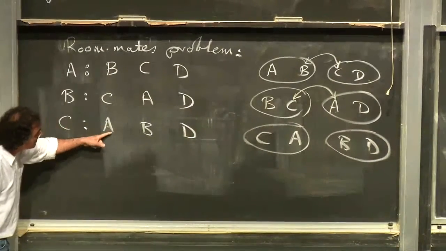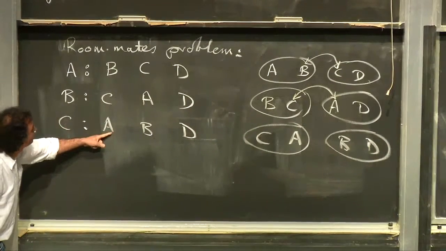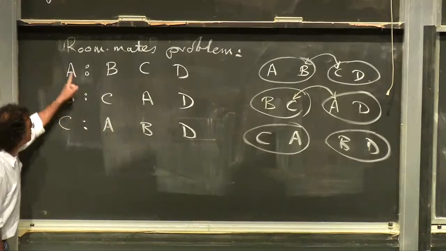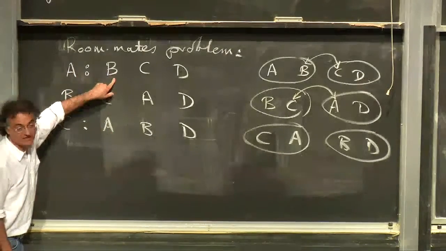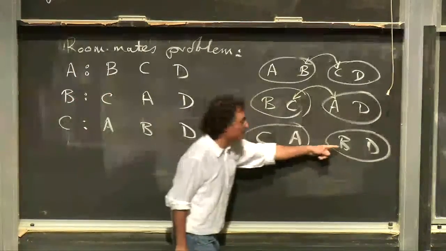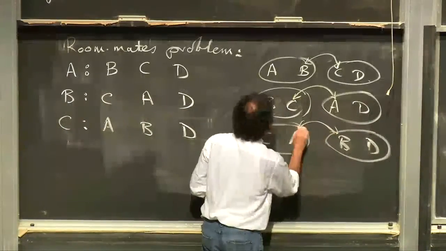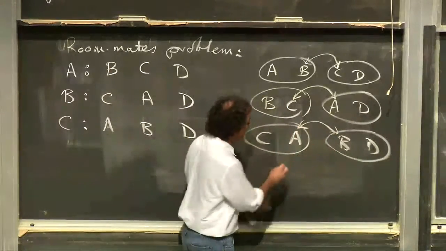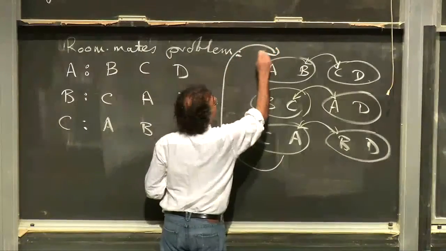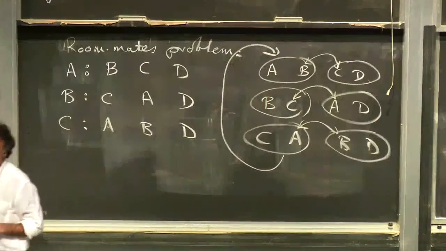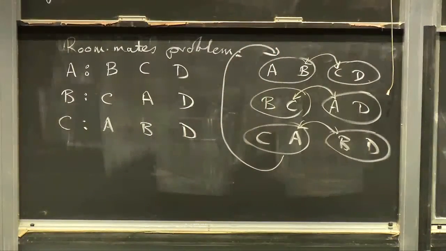Again, C is happy. A would rather room with B, and B wants to get out of this room, so here you have a rogue couple. You put them together and you go back. You can just keep breaking up these rogue couples and you'll keep cycling through those things. You never get any closer.